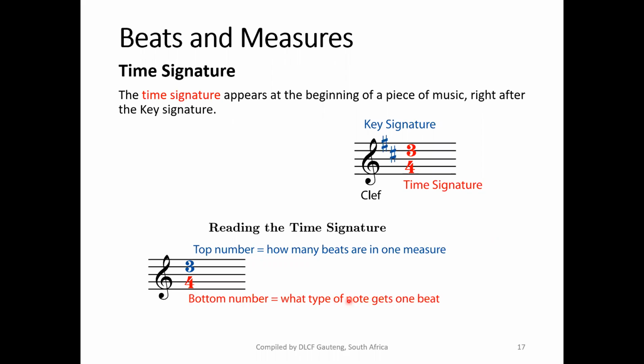We talked about the different types of notes we have: the whole note, half note, quarter note, eighth note, or the semi-breve, the minim, the crotchet, the quaver, the semi-quaver. So it tells us which of those gets one beat.